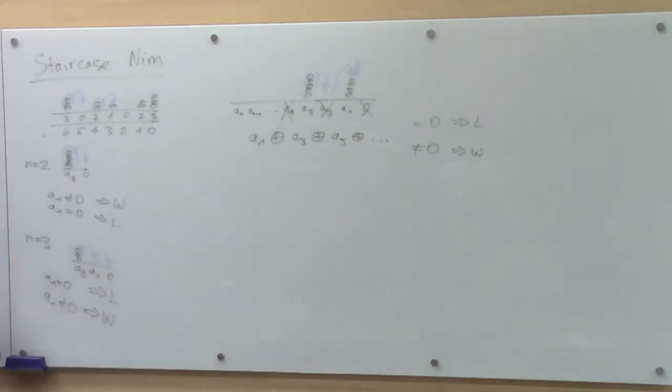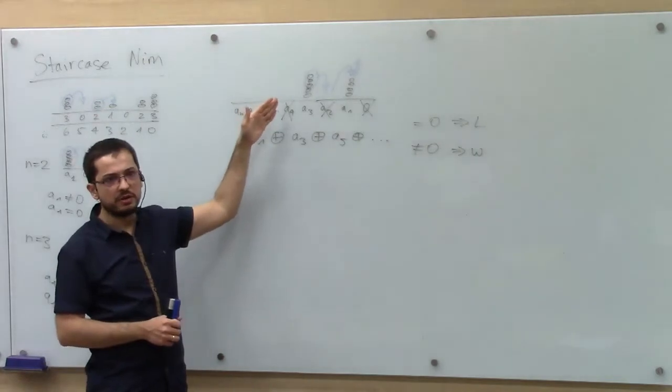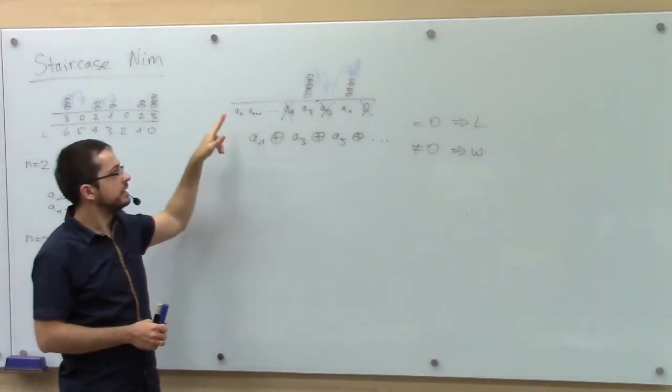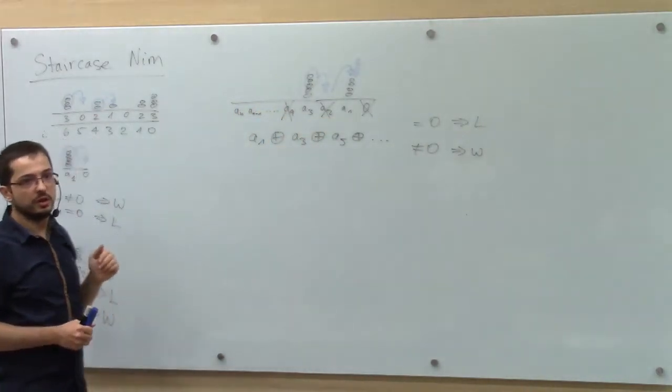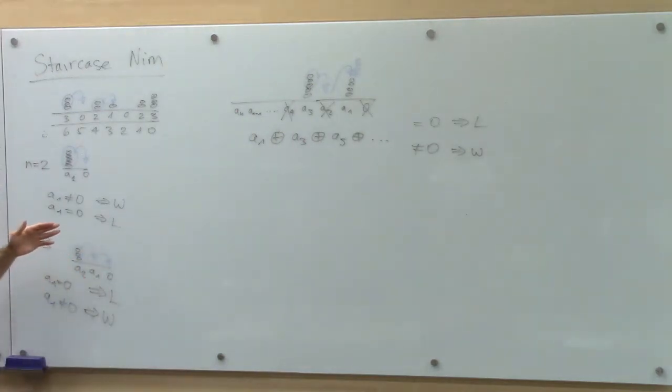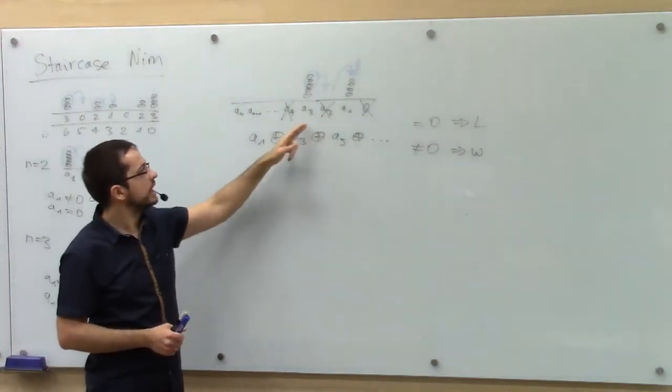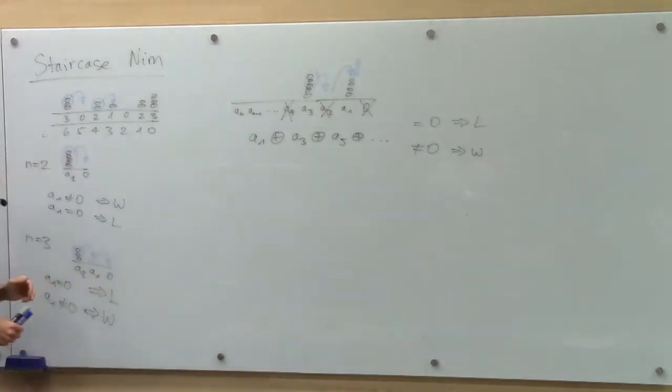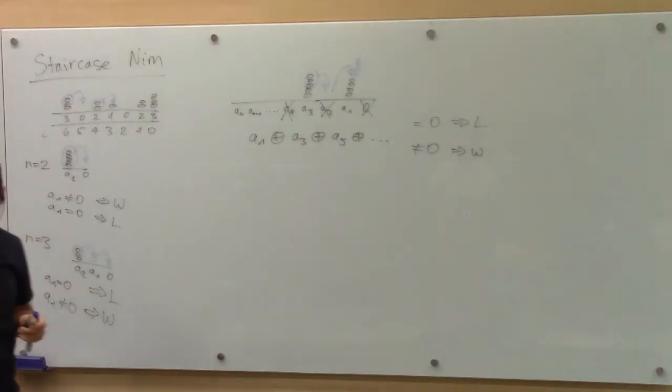So finally, after some steps, the game will finish. So actually, this is precisely Nim for the stacks on the odd indices. The game looks kind of different, but it turns out that if we look at it from a different perspective, it ends up being Nim.